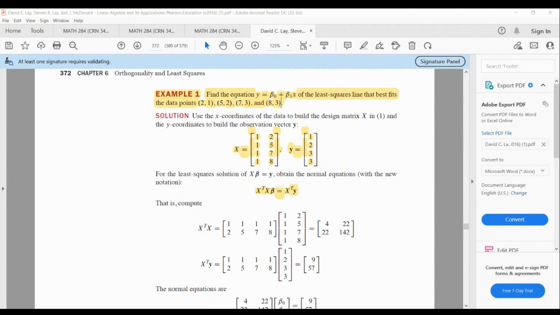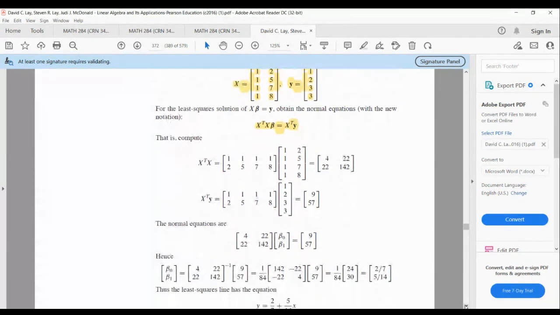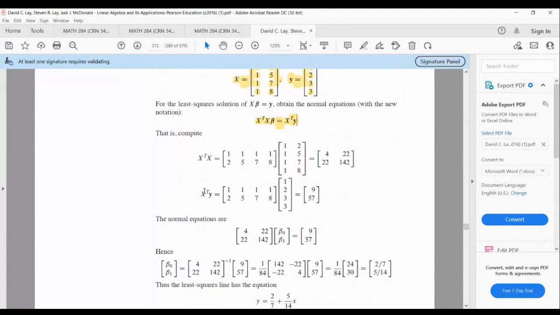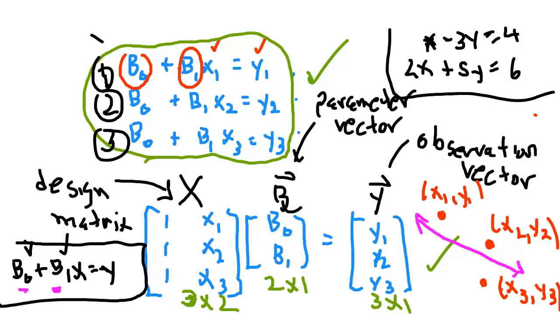So you solve the normal equations for B, and it turns out that the X transpose X here is invertible, and so the vector B. Well, let me go back to the whiteboard. Let me show you what they're getting at, what they mean.